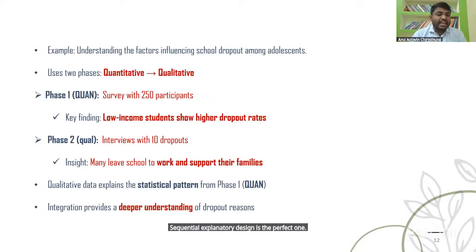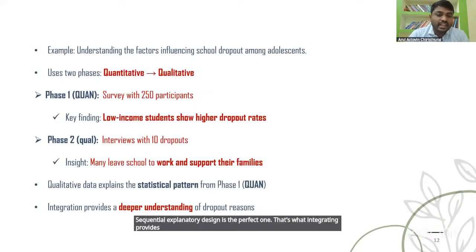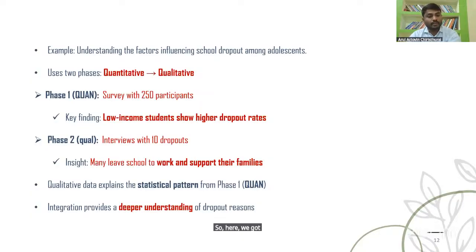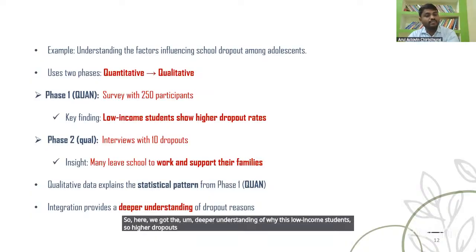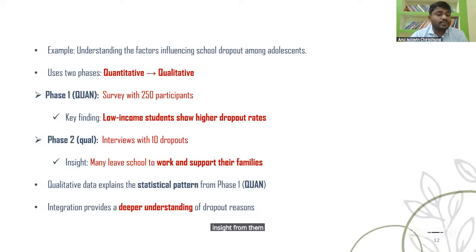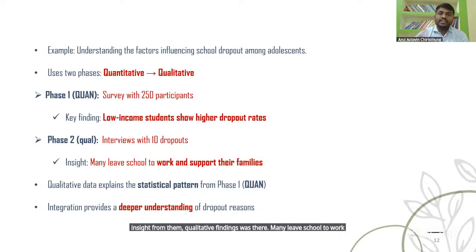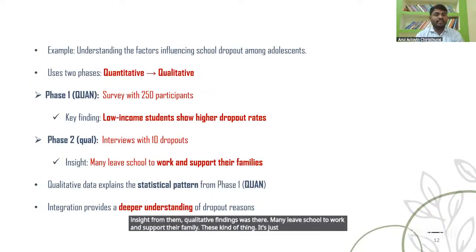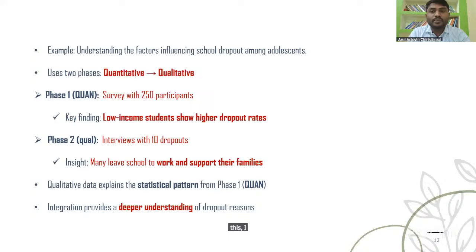That is what integration provides: a deeper understanding of dropout reasons, of why low income students have a higher dropout rate. We got in-depth insight from the qualitative findings showing that many leave school to work and support their family. This is just an example I am giving. I hope I am audible and clear about this method design.